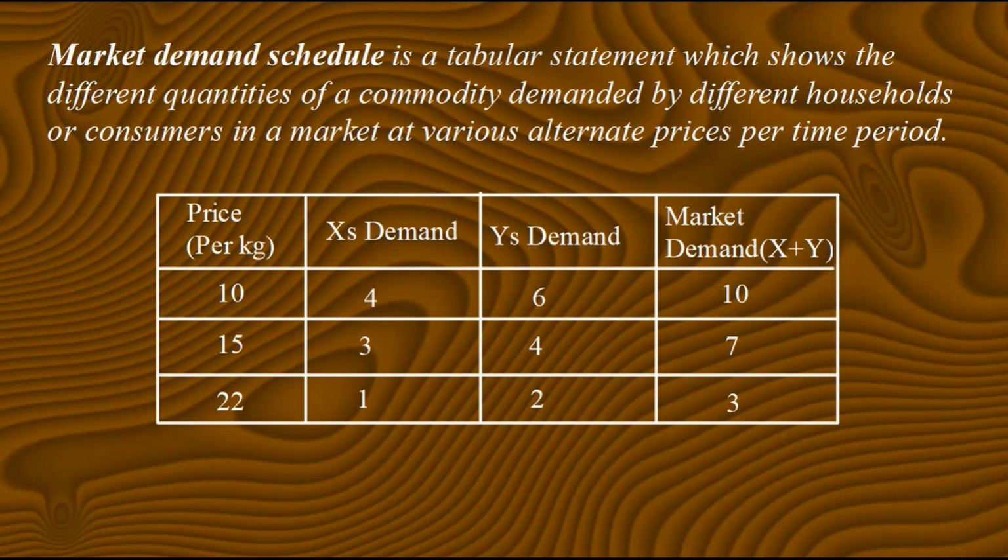When you add these, you get the market demand. This is what a market demand schedule means. We might have a number of individuals or households in the market, and the sum of their demand, X plus Y, will be taken as the market demand.